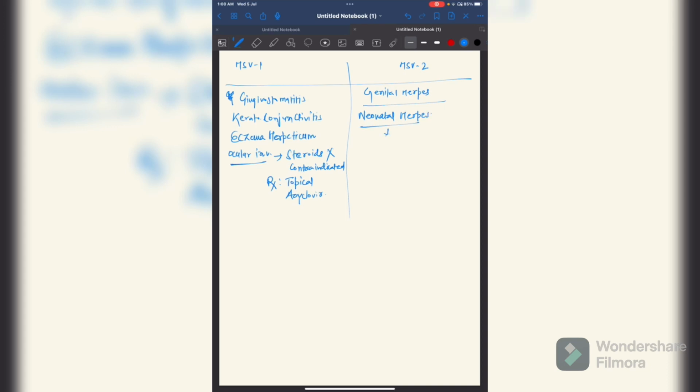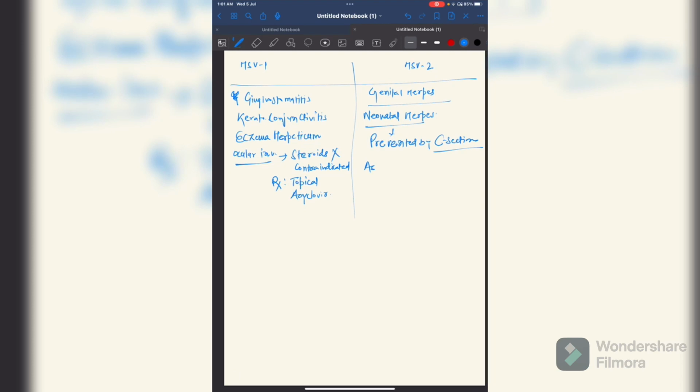This neonatal herpes can be prevented by C-section, right? Then it is associated with aseptic meningitis. Okay. Now, in the histopathological examination, we have two types of investigation.